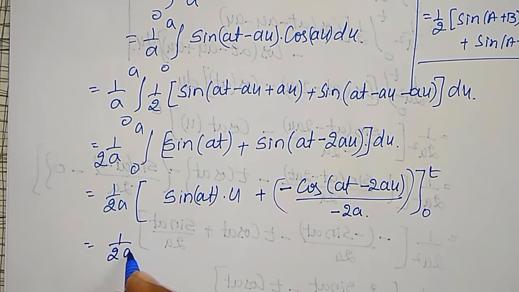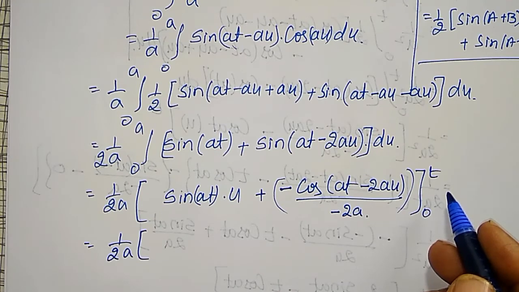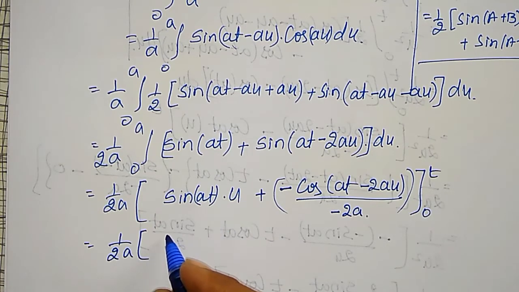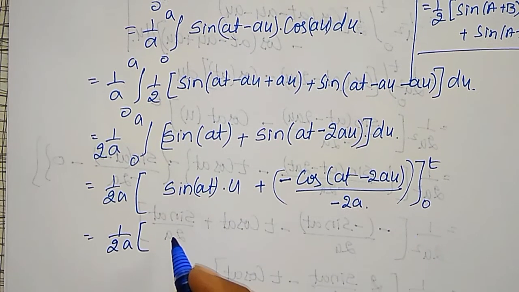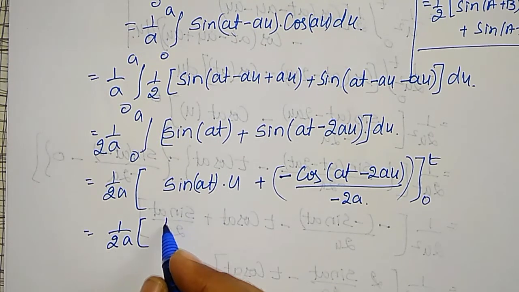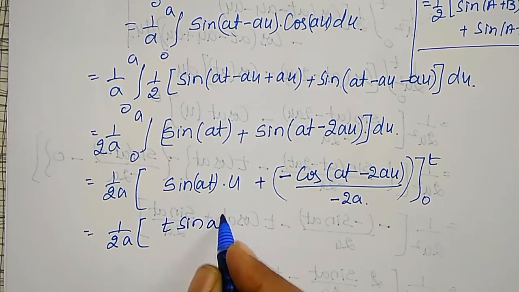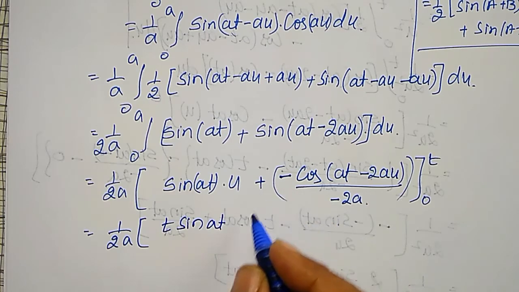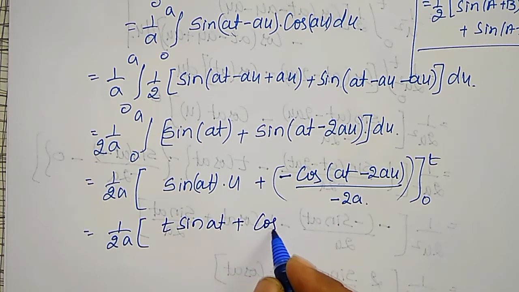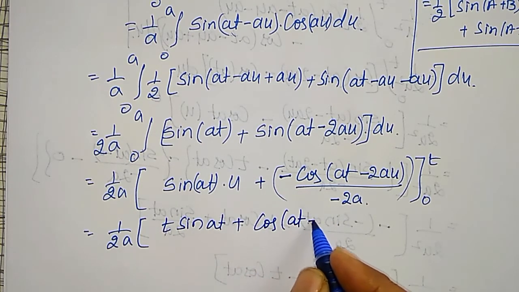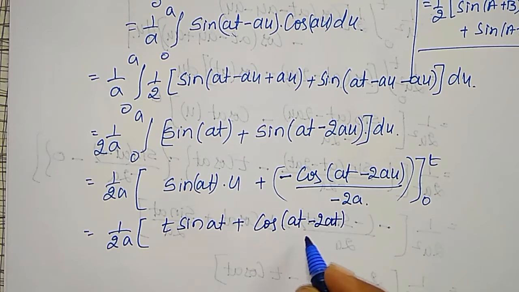1 divided by 2a into upper limit minus lower limit for the terms. That is, u equal to t, I am replacing, therefore it is t into sin at, minus of minus is plus, cos of (at minus 2at) whole divided by 2a.